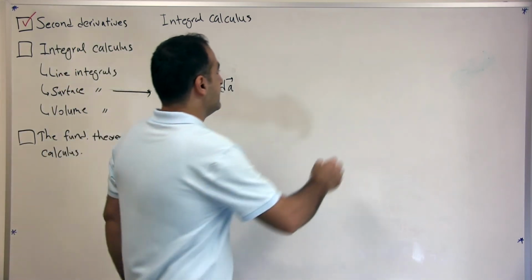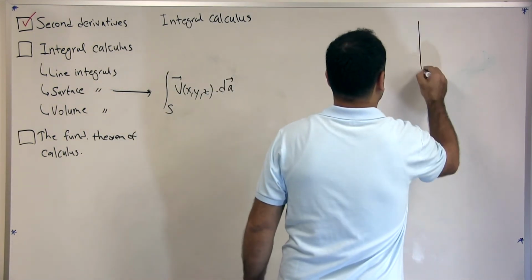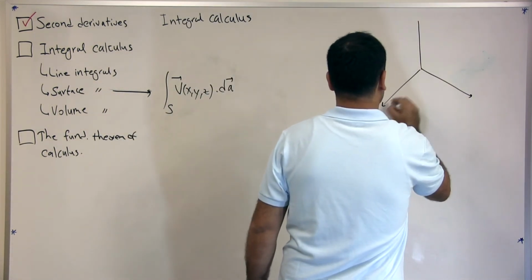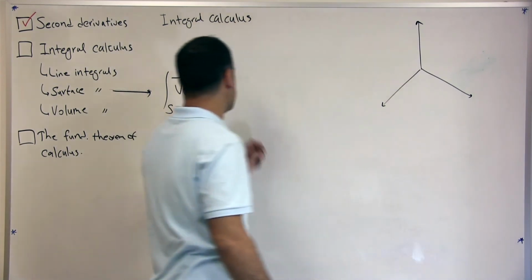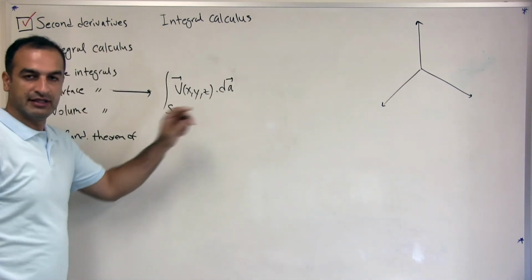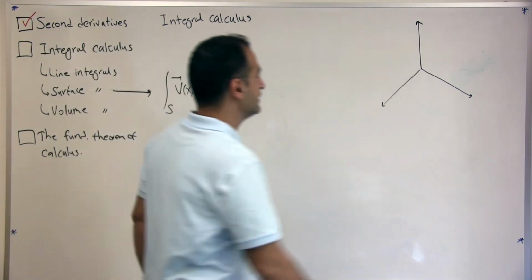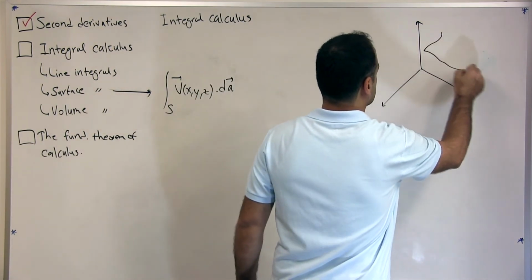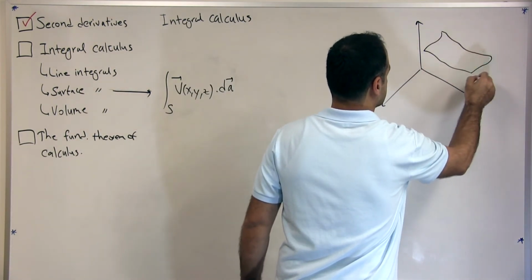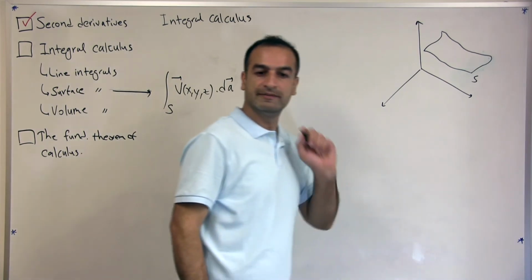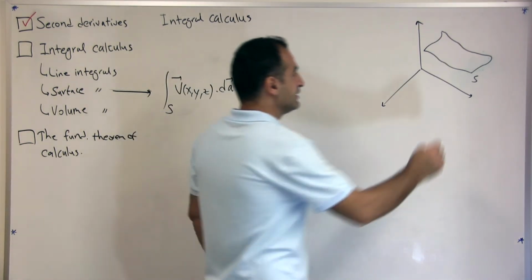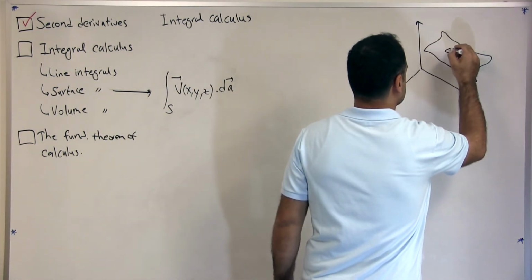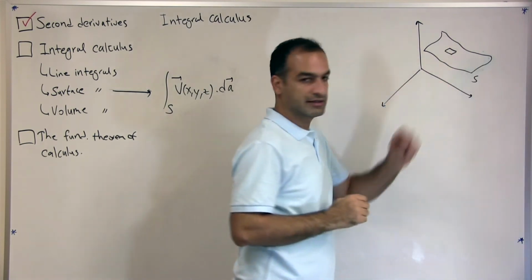Okay, what we do here is we define what is the vector associated with that part of the surface. Okay, imagine we have this overall surface, and this is S. We are doing the integral on, okay? And then this is one small part of the area.